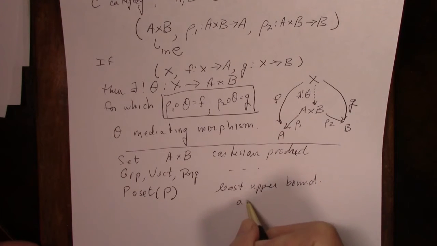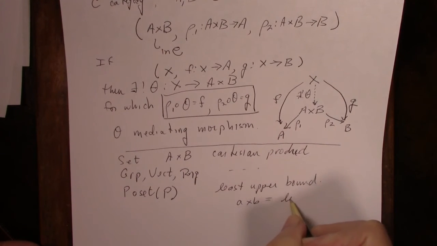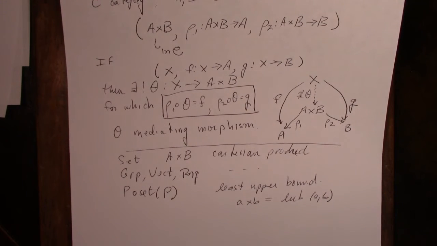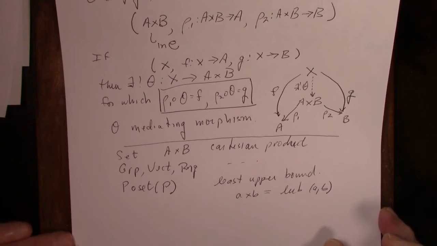So A cross B is the least upper bound of A and B. It's interesting to observe that the Cartesian product of sets, the direct product of vector spaces, and the least upper bound in a poset are all the same categorical concept. So that's an example of how category theory is unifying.